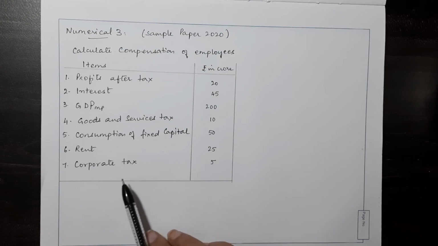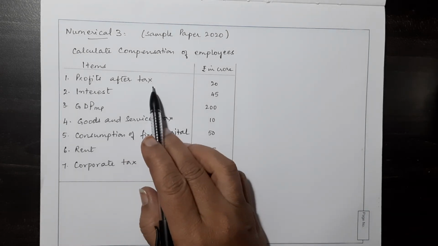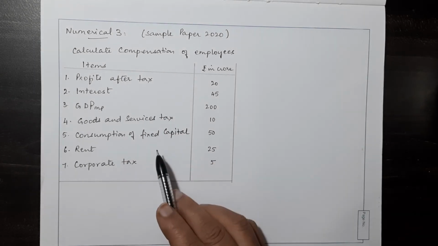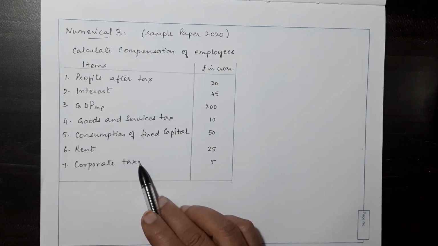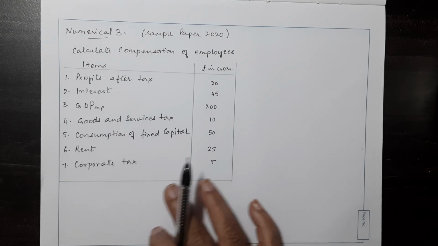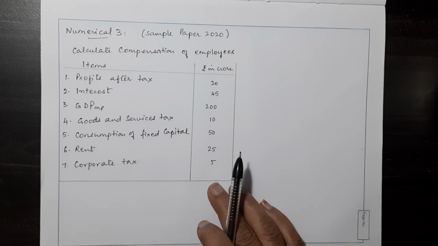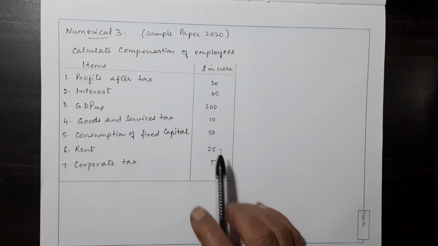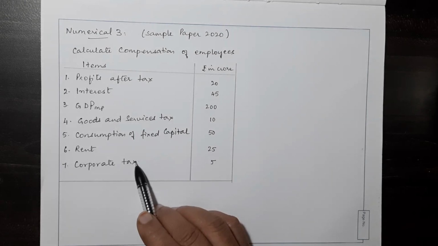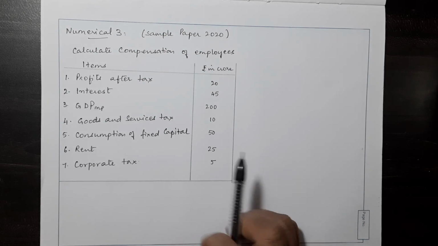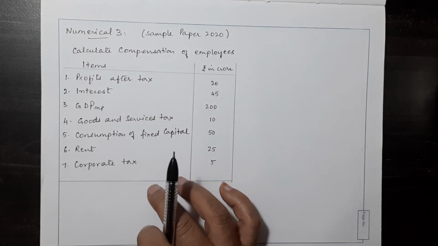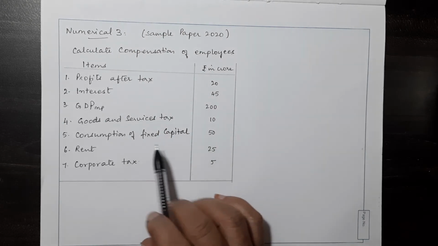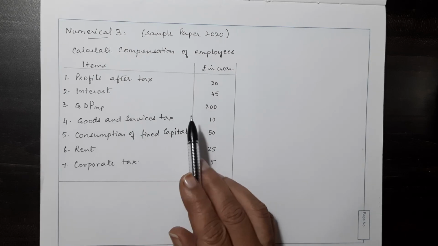Now this corporate tax and profits after tax, these two will be included under profits because corporate tax is paid from the profits. Okay, so both of them will be taken as profits. So this is where we have to be careful.